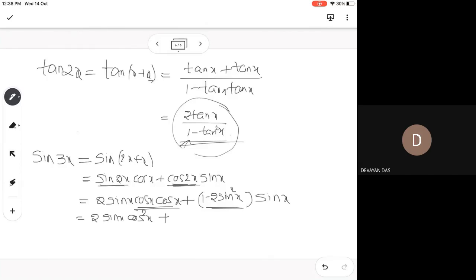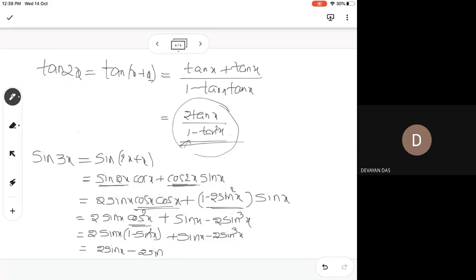Plus sin x minus 2 sin cube x. And again this cos square x you write as 1 minus sin square x. 2 sin x into (1 minus sin square x) plus sin x minus 2 sin cube x, which is equal to 2 sin x minus 2 sin cube x plus again sin x minus 2 sin cube x.